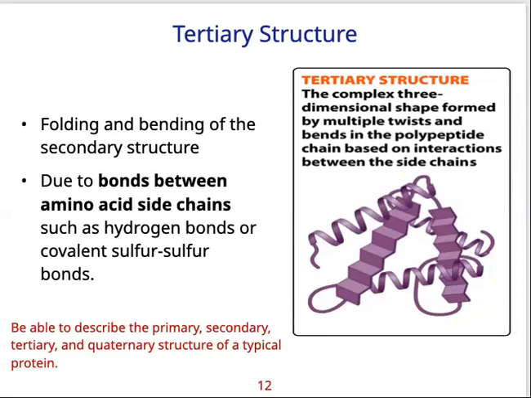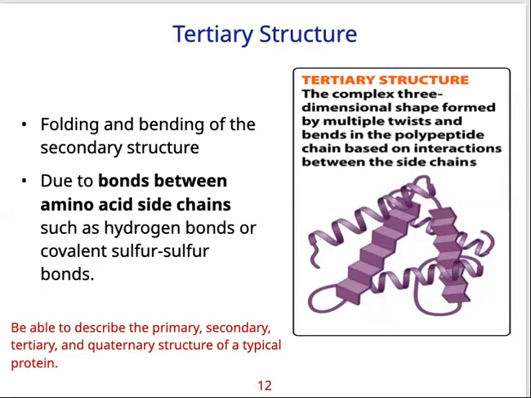The side chains or the R groups interact in such a way that certain hydrophobic R groups in some of the amino acids will tend to want to hide themselves inside the molecule. So the hydrophobic R groups are going to try to go on the inside of the molecule, whereas the hydrophilic R groups are going to try to be exposed on the outside.